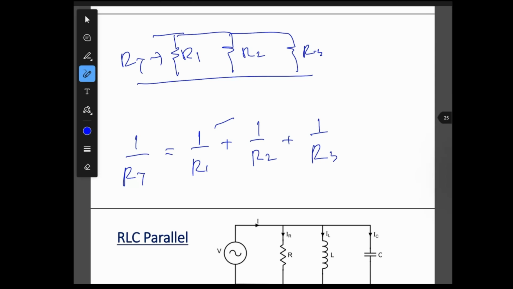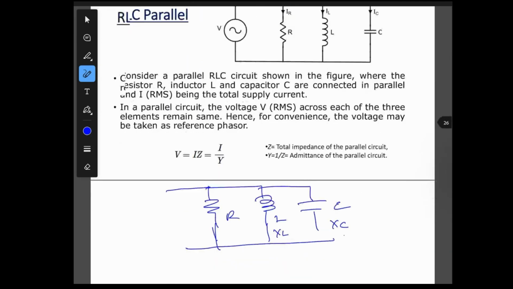This is to find total resistance for parallel connection. For series, we just add all the resistors. However, for parallel, you have to use 1 over R1 plus 1 over R2 plus 1 over R3. The same goes for the RLC parallel circuit.